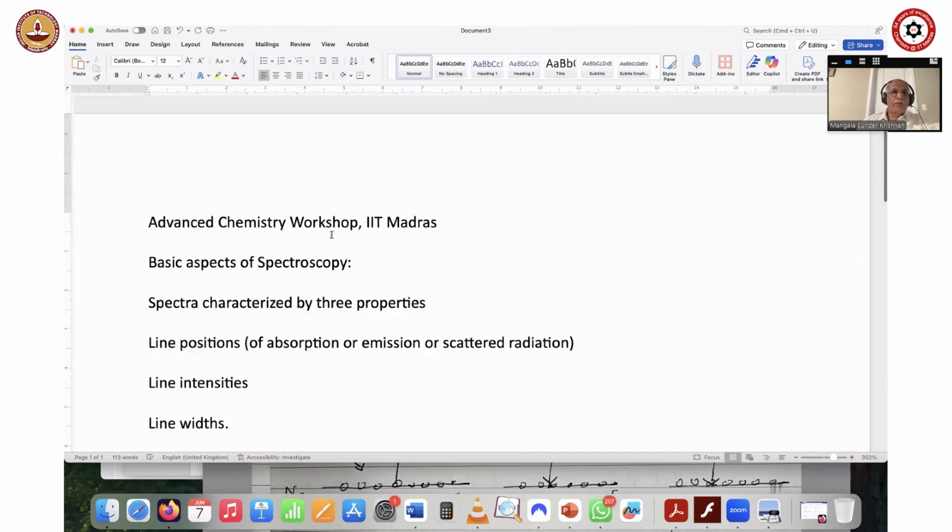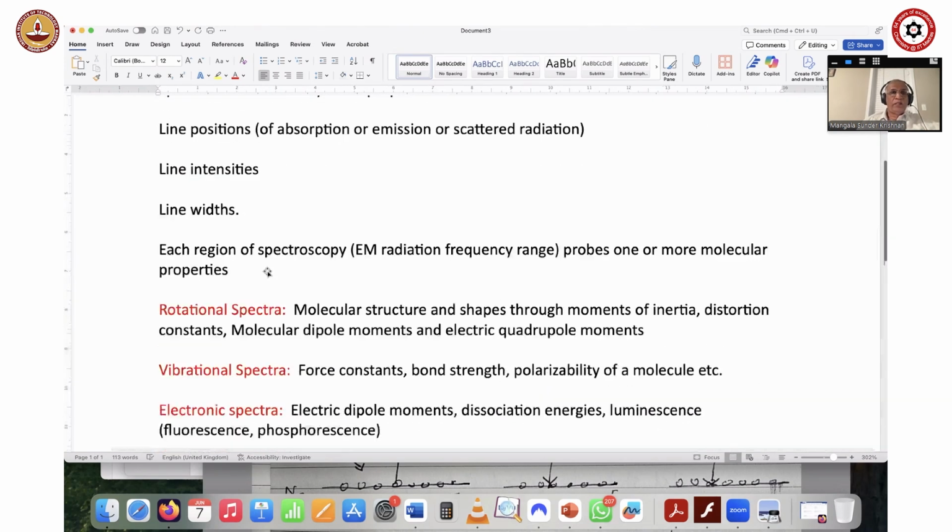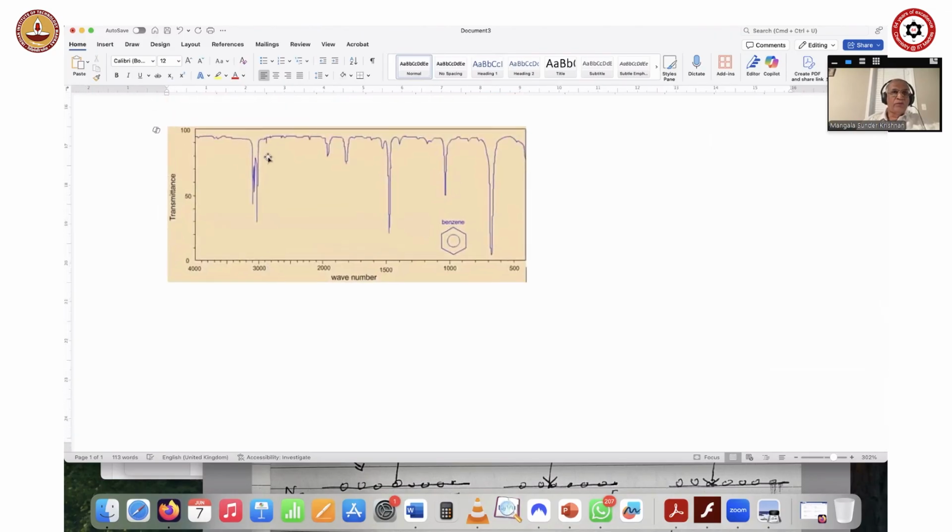The second property is what is called the line intensities. The line intensities refer to the area under a given peak. So for example, the area under this peak, subject to some baseline, and the area under this peak, you see that these areas are different for different transitions.